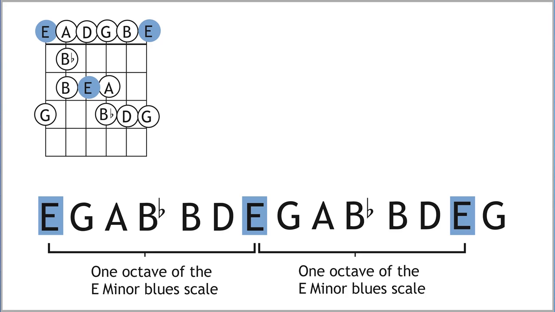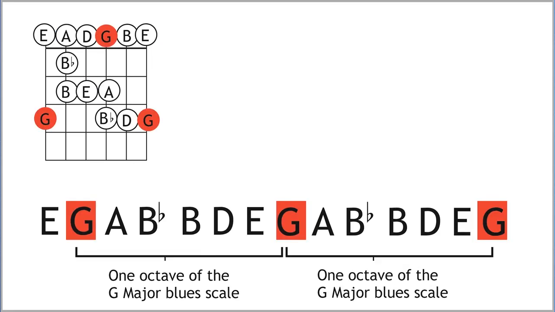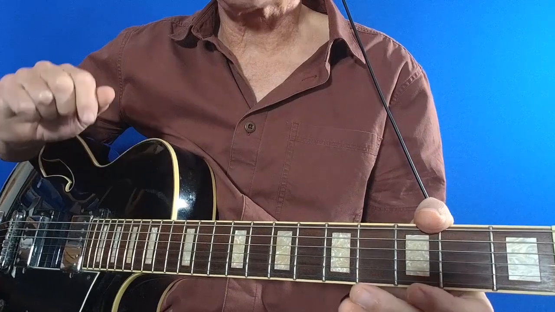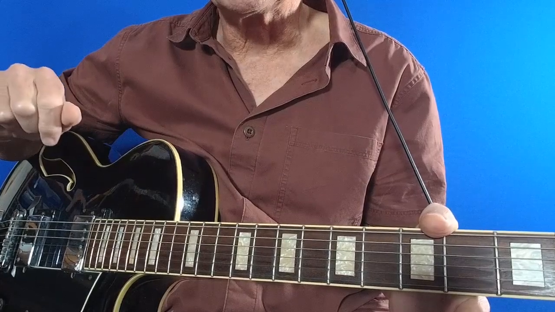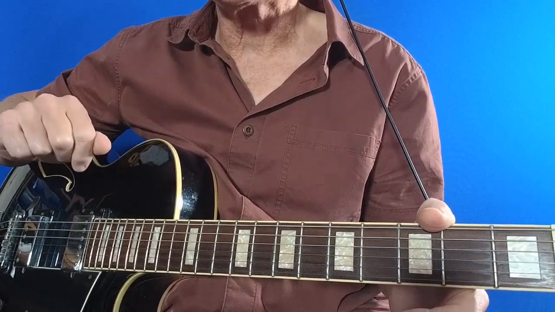But if we take exactly the same pattern notes and instead of playing them from E to E, making that the key note, we play them from G to G, making G the key note, we can hear the major blues scale sound, and we can see that exactly the same set of notes gives us 2 complete octaves of the G major blues scale, with a spare E note at the bottom end of the scale. This can be quite confusing, but luckily there is a simple trick that helps us apply this.